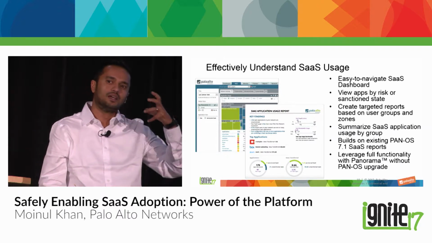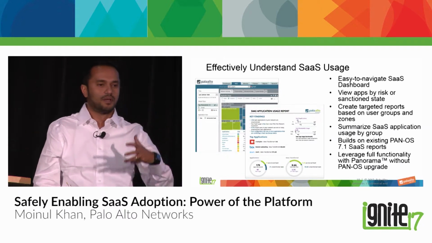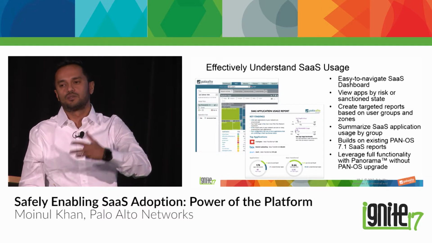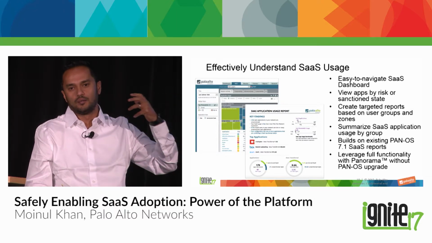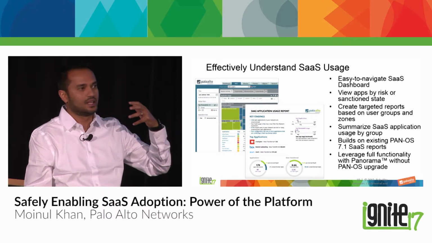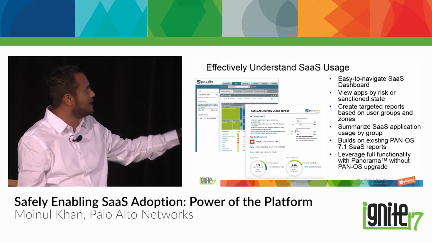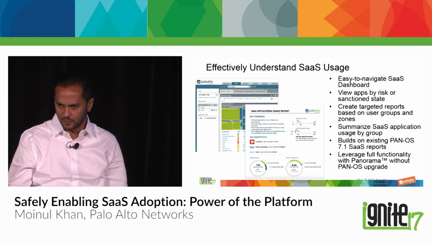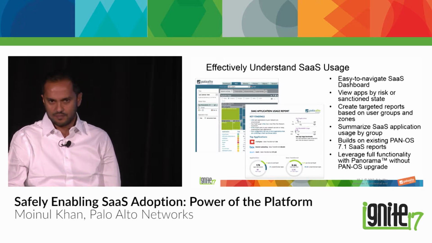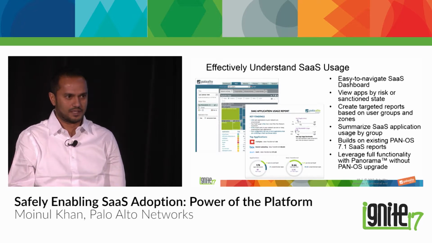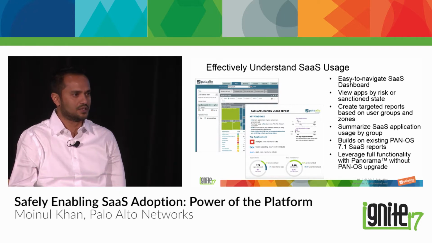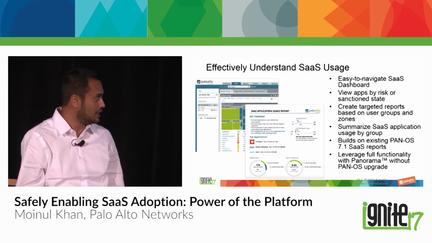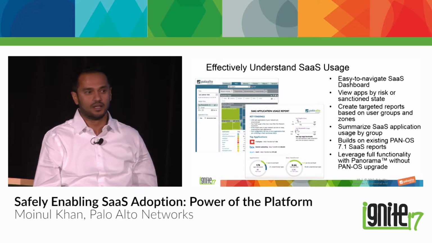So using those features and functions that we have built, like application ID, function control, URL filtering, content filtering, and all of that, we have a native SaaS application usage report that we released back in 7.1. All you have to do is go to Panorama, go to PanOS, and say generate a SaaS application usage report based on last 30-day data. You get this type of visibility, right?